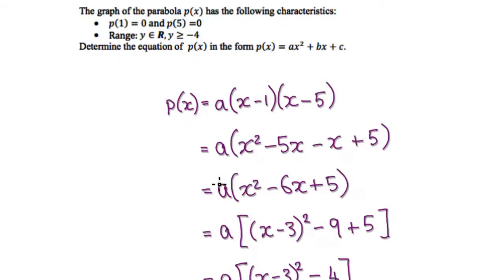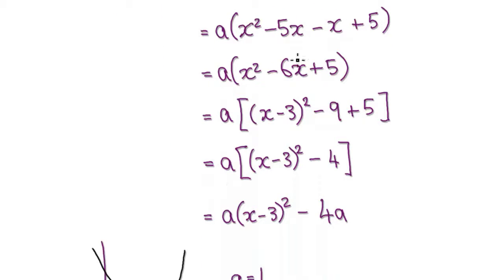Now your eyes zoom into this bit here. Complete the square on this bit. Completing the square will always be half of this, so half of 6 would be 3.